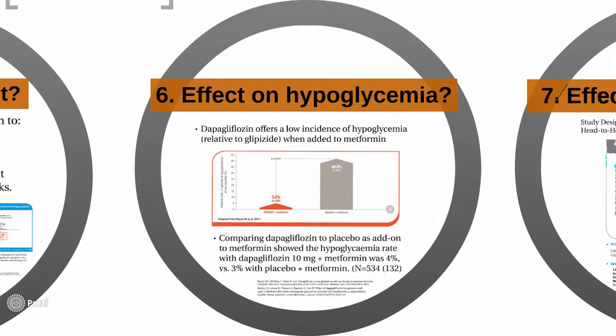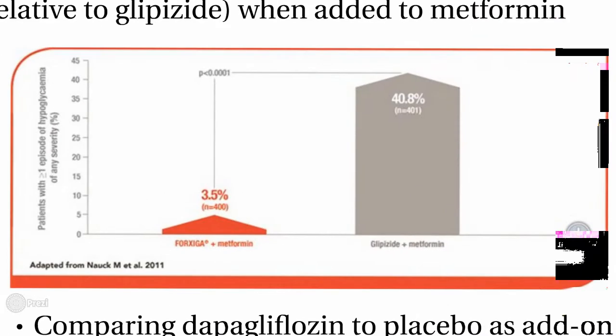Let's move on to their effect on hypoglycemia. In this study, dapagliflozin was compared to glipizide. Again, not too amazing here. I'm not really impressed by this slide because we all know sulfonylureas like glipizide have an increased incidence of hypoglycemia.